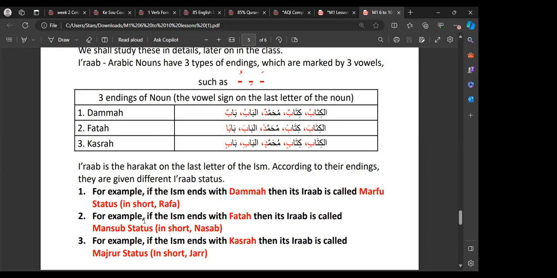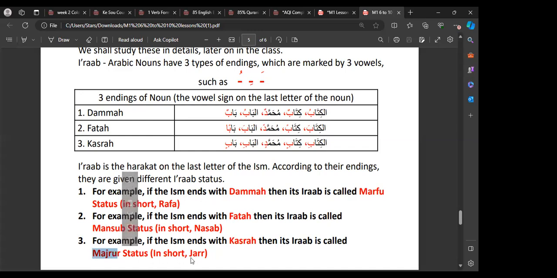Number two, if the ism ends with a fatha, then its i'rab is called mansoob. The status of that noun is mansoob, or in short, nasab. These have to be written down. And then lastly, if the ism ends with a kasra, then its i'rab is called majroor.